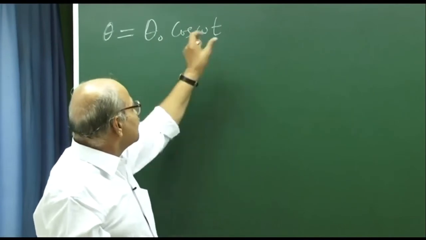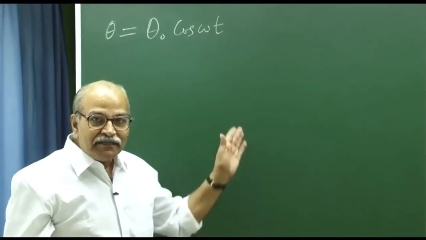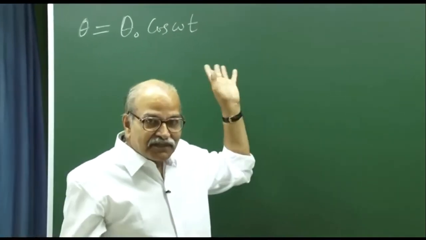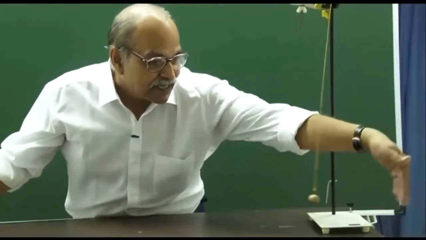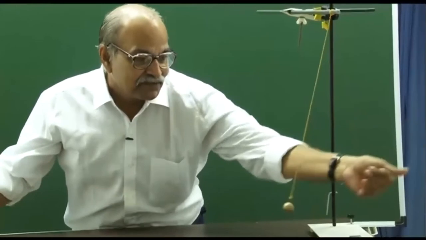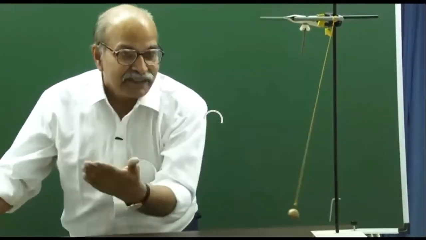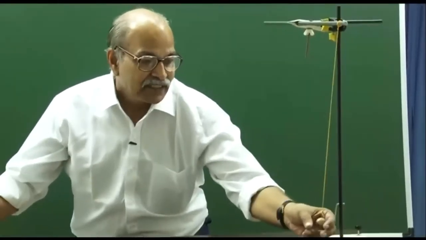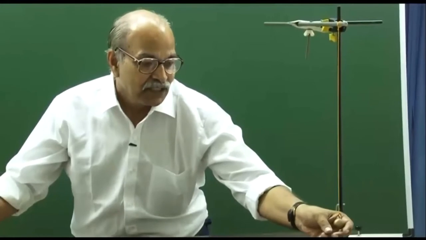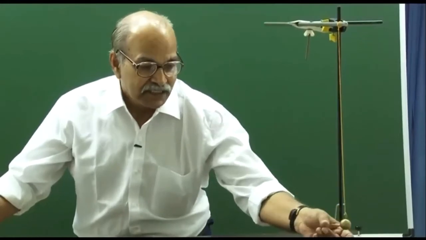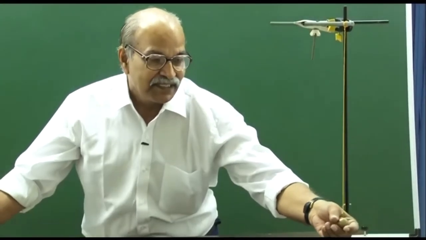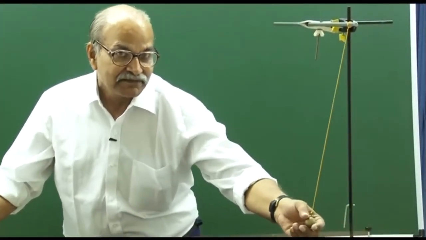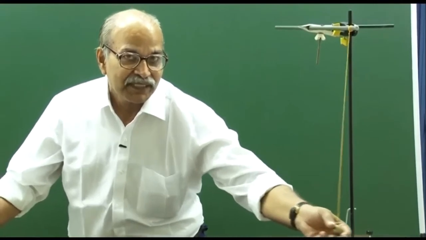Then you have to decide the positive direction of theta also. If I take my left side as positive and the other side as negative, this is theta equal to 0 and this is theta positive increasing, then theta positive decreasing, and then theta negative maximum, and so on. So, you decide those directions also.